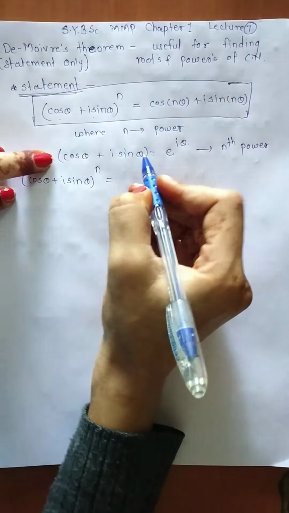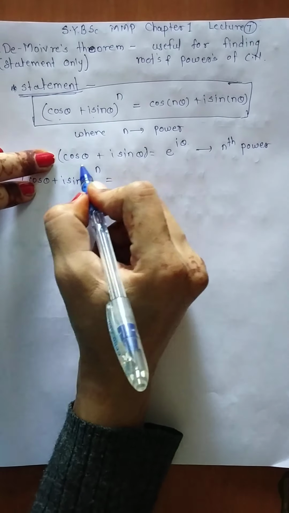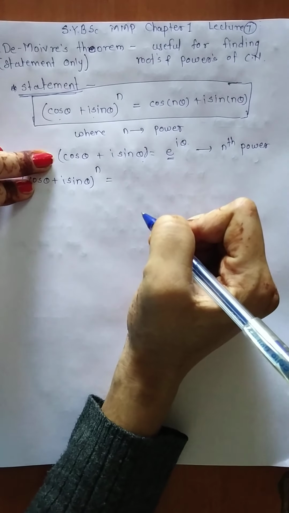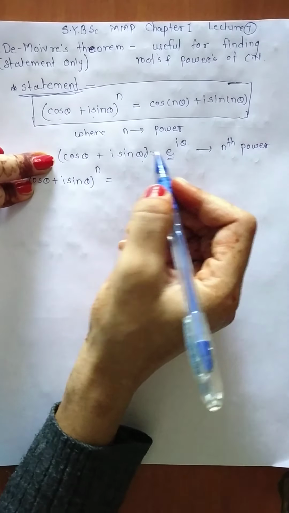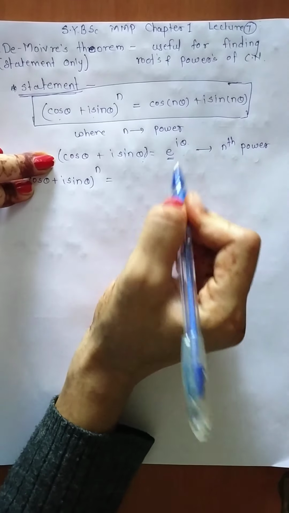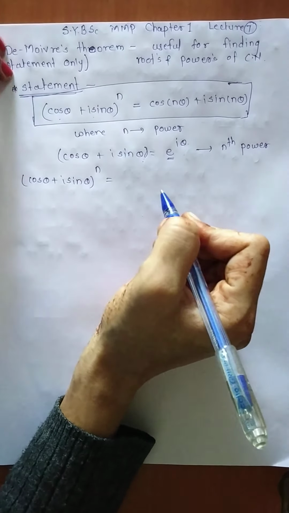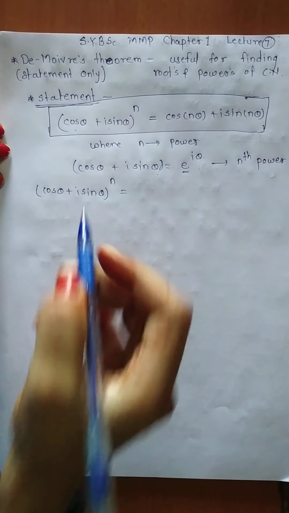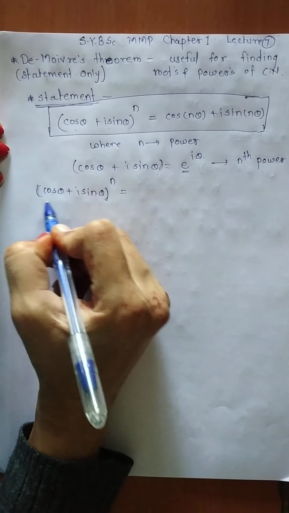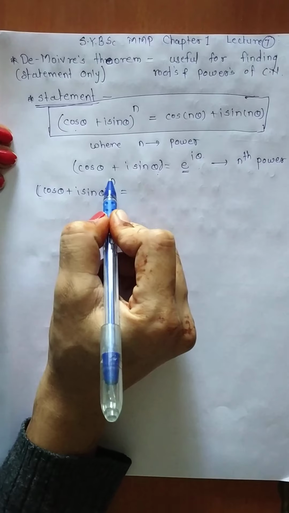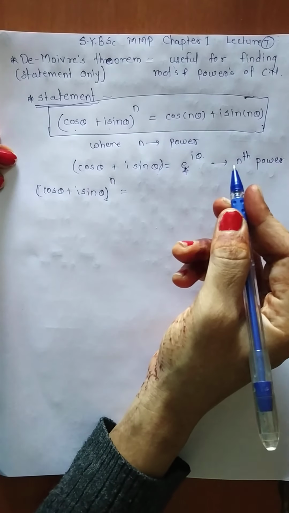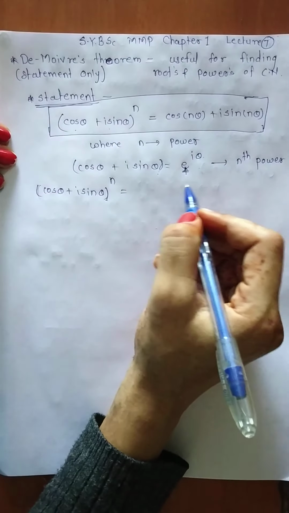Now see here, when you have only one cos theta plus I sin theta, there is e raised to I theta. If you have this term 2 times, you will get 2 exponential terms, that is, 2 times e raised to I theta. Here cos theta plus I sin theta appears n times, so the exponential term will come n times.